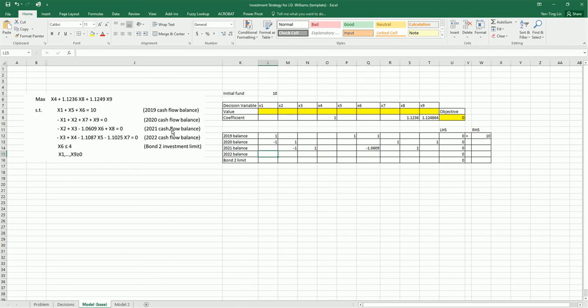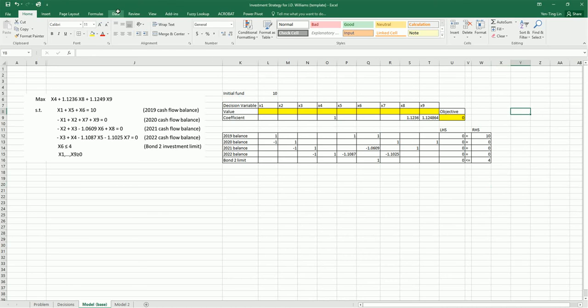For 2022, we have -1 for x3, 1 for x4, -1.1087 for x5, -1.1025 for x7, and the sign is equal to, and the right hand sides are 0, 0, and 0. For the bond 2 limit, we have x6, which is 1, but less or equal to 4.